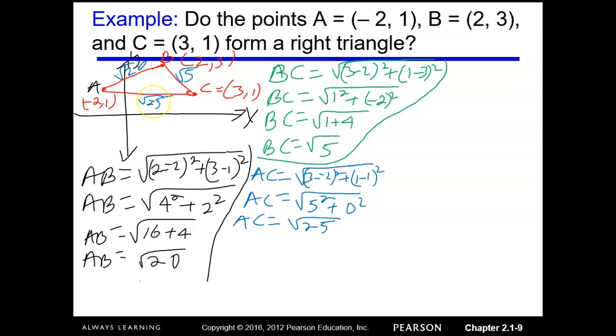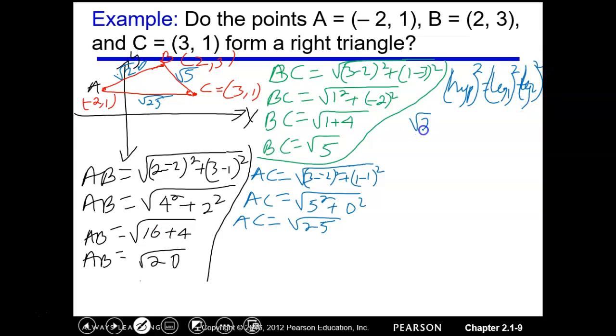Okay, if we apply the Pythagorean theorem, we can see the square root of 25 is biggest, so that would be the hypotenuse if it is a right triangle. So the hypotenuse squared equals leg 1 squared plus leg 2 squared.